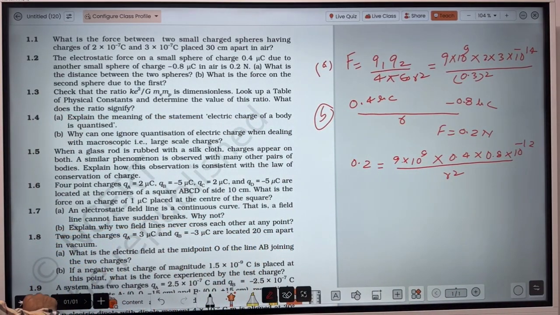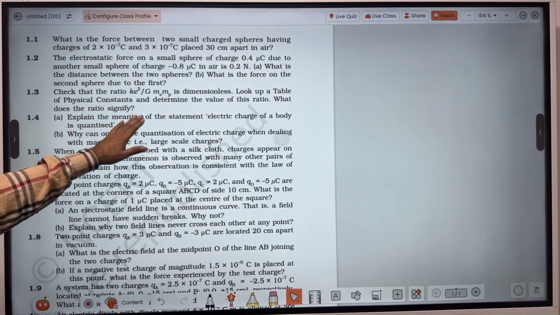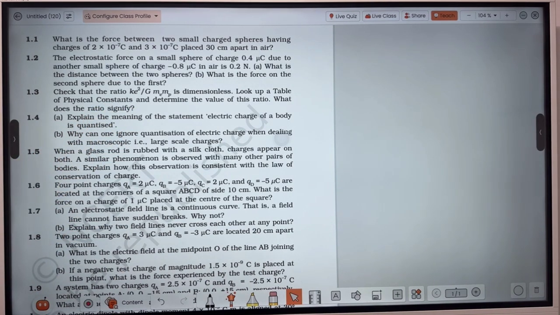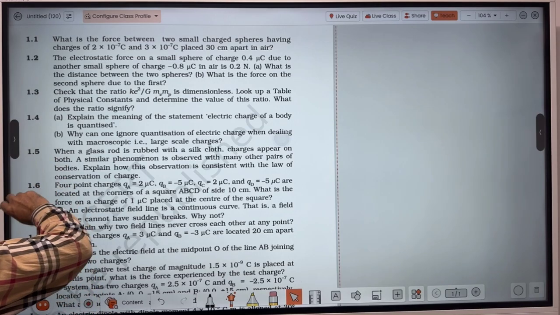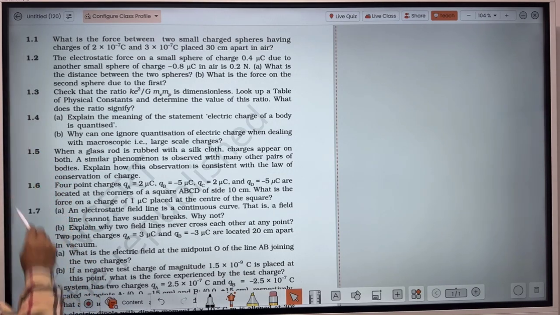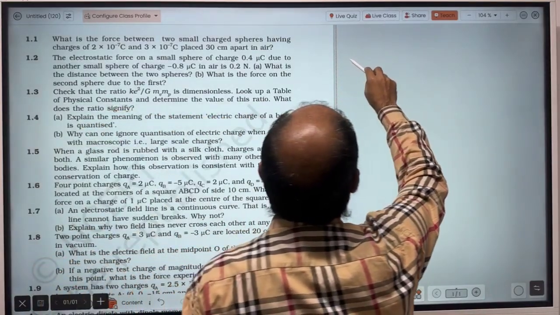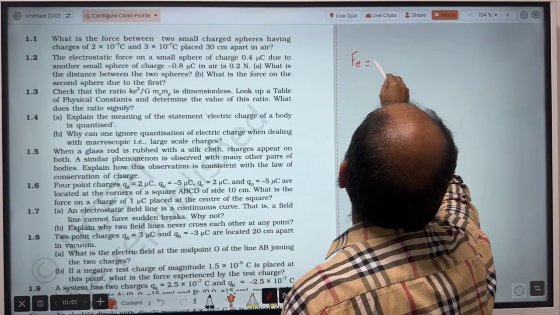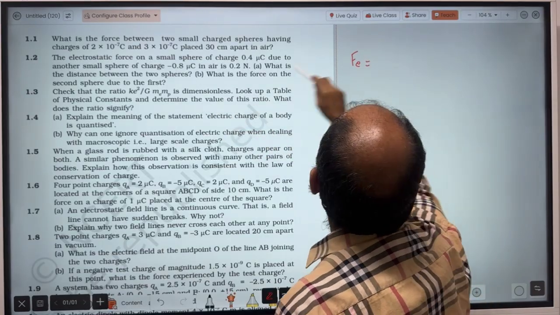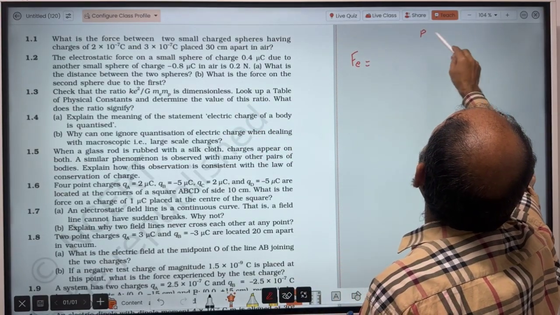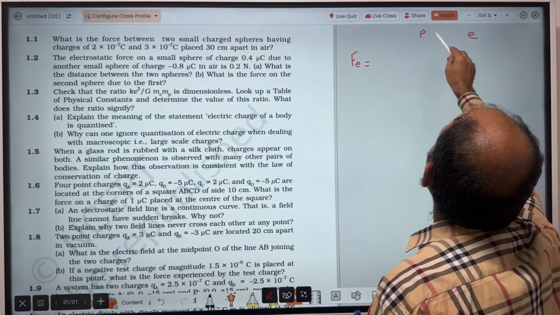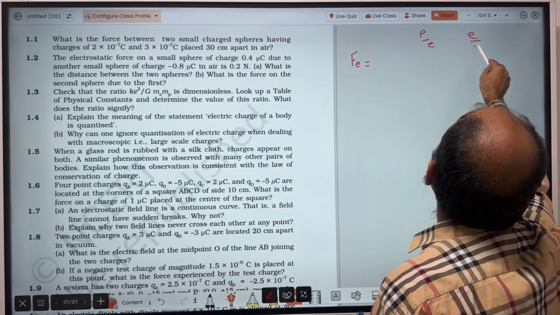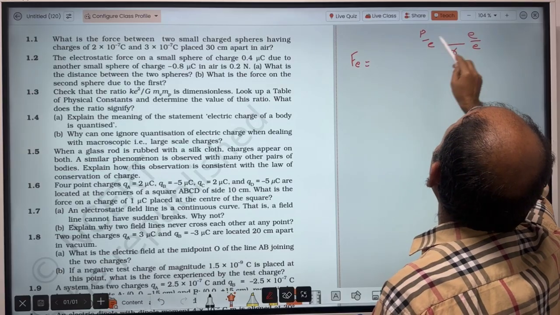Now, the next question is: check that the ratio Ke squared upon G me mp is dimensionless. Look up a table of physical constants and determine the value of this ratio. What does this ratio signify? Here, if you remember Coulomb's force, suppose we write it as F electrostatic. Suppose a proton and electron are there. The charge on both will be e and e, and the separation between them is say r.